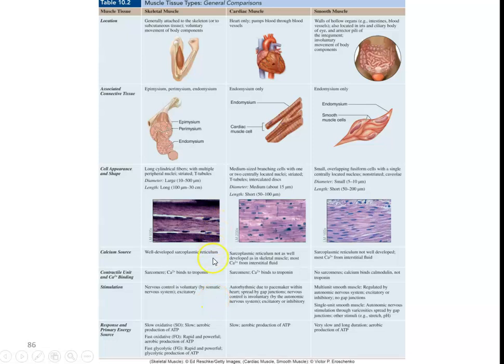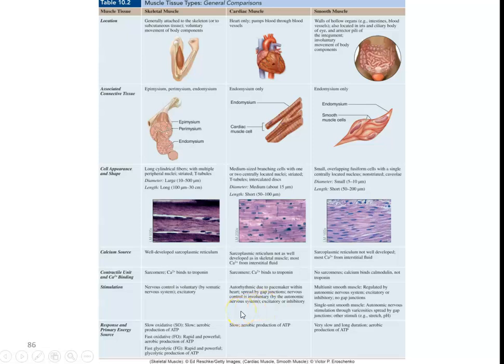So skeletal muscle is stimulated by the nervous system voluntarily, whereas stimulation for the smooth muscle is going to be the autonomic nervous system, right? The involuntary nervous system. And then the stimulation for cardiac cells is going to be autorhythmic due to the pacemaker cells.